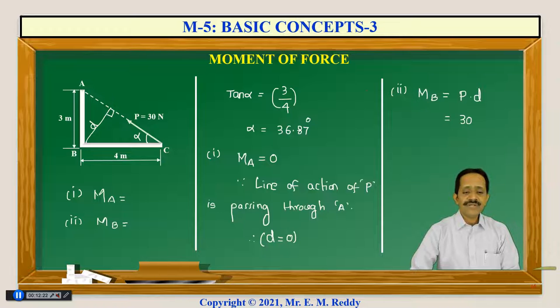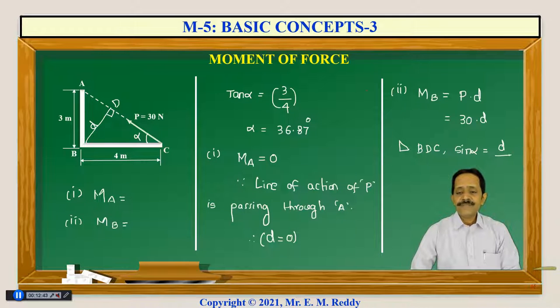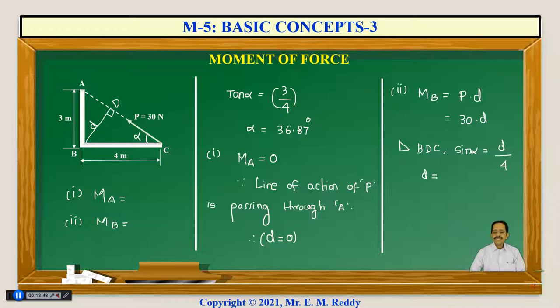So, D is the perpendicular distance. Let us say this is capital D. From the right angled triangle BDC, we have sine alpha is equal to opposite side by hypotenuse. So D is equal to 4 sine alpha.